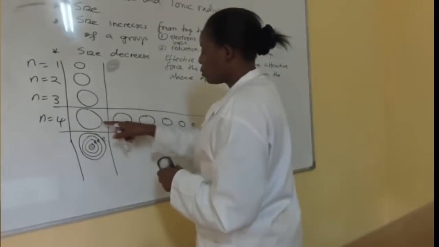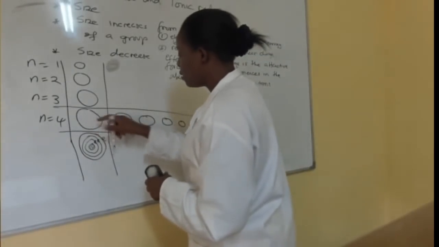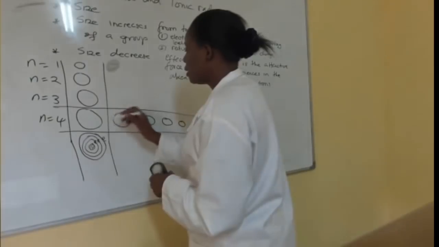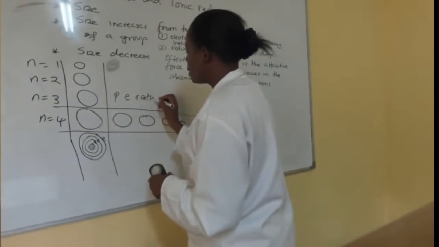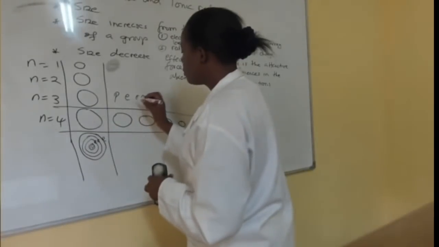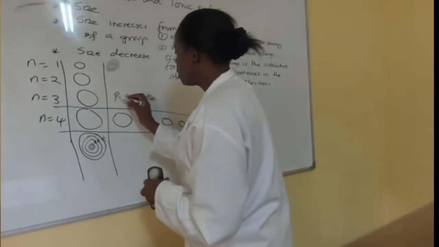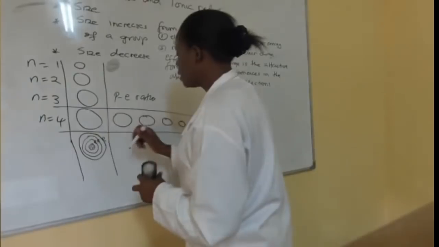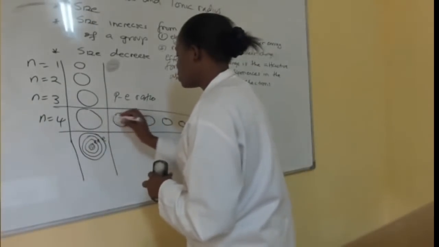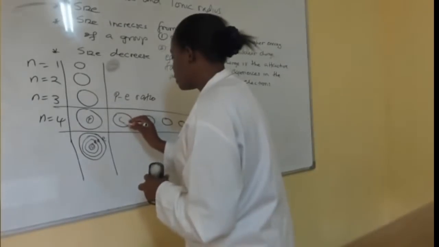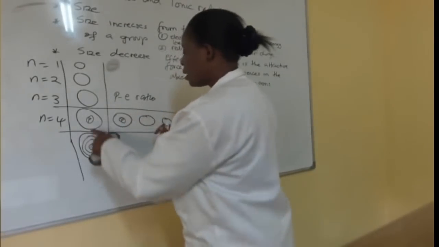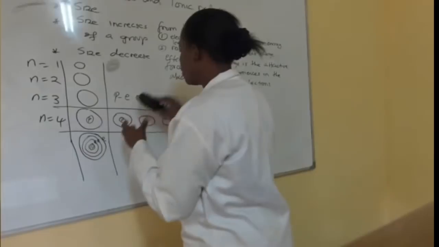So since we are filling electrons in the same energy level, there's actually a proton-electron ratio at play. Remember, electrons are in the orbitals, protons are in the nucleus. So here there's a proton pulling power.